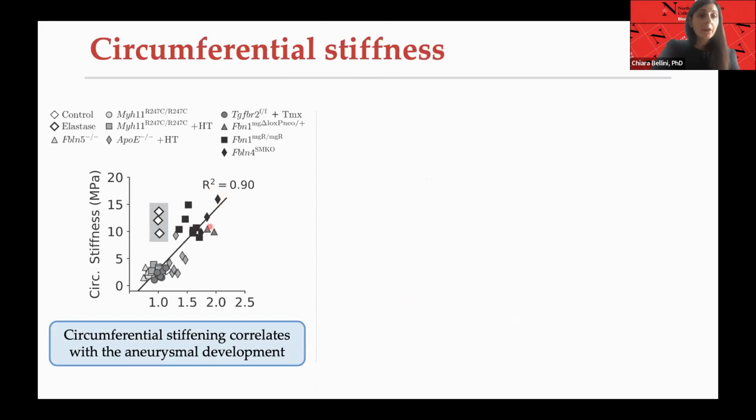Note that the aneurysmal vessels exhibit values of circumferential material stiffness that are very similar to those experienced by elastase-exposed aortas, in which essentially there is no matrix remodeling.